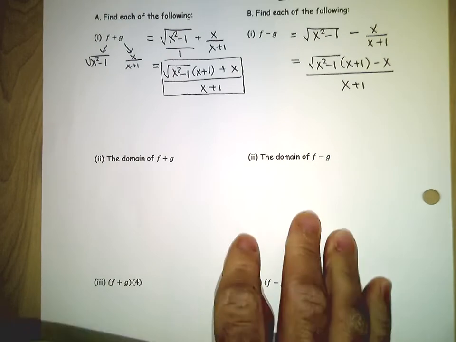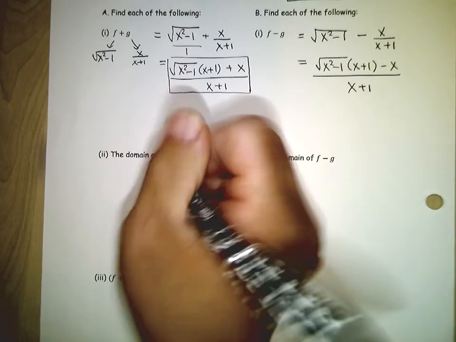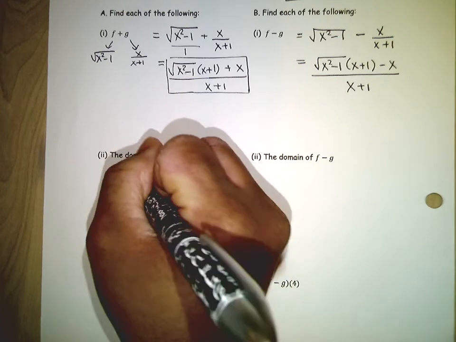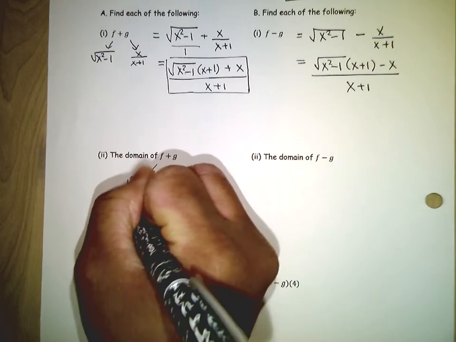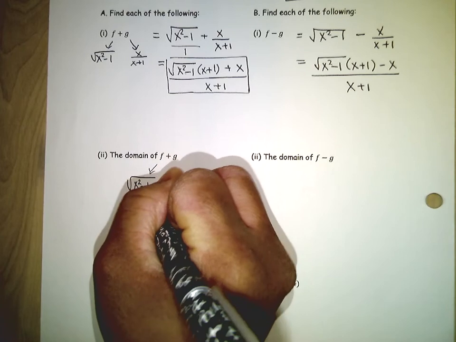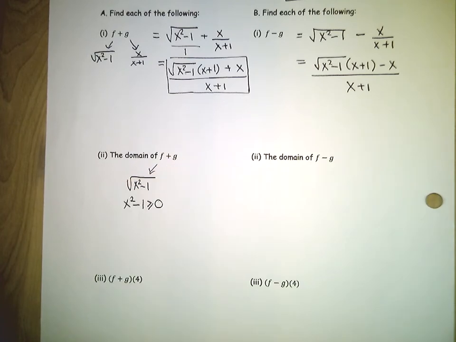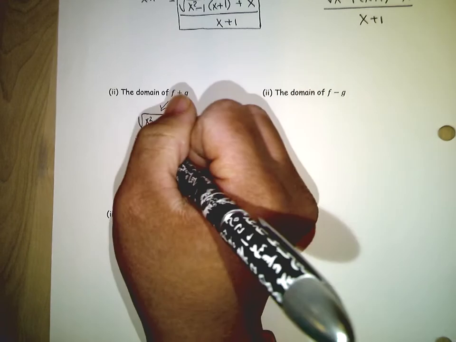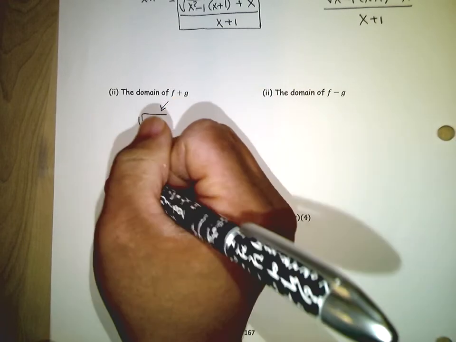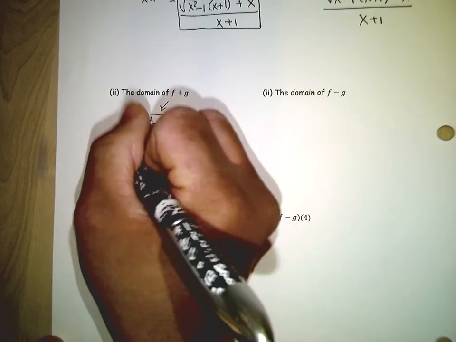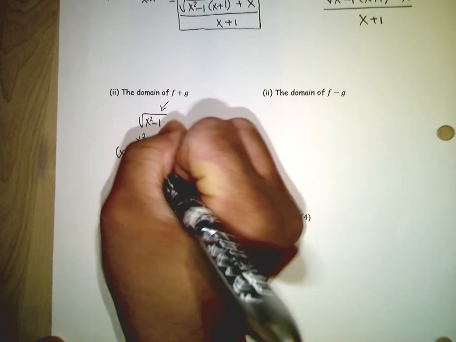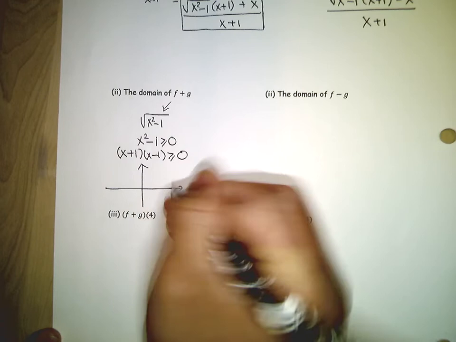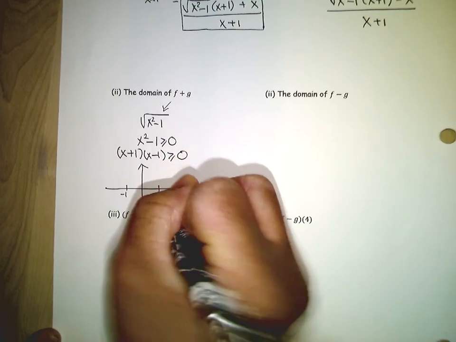All right, now let's find the domain of each of these. So the domain of f plus g, remember, under the square root, x squared minus 1 must be greater than or equal to 0, since we can't take the square root of a negative number. And remember how you solve these. It's factoring: x plus 1 times x minus 1 greater than or equal to 0. And then we find the zeros, which are negative 1 and 1.